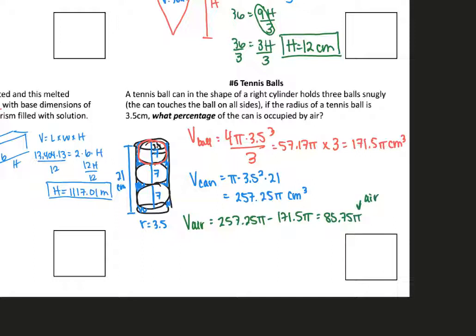And to figure out the percentage of the can occupied by air, we're going to take the total amount of air, which is 85.75, divided by the total volume of the can, 257.25. Well, we know the pi's are just going to cancel out. So really it's just a matter of doing 85.75 divided by 257.25. And when you do that, you get exactly 0.33333, which is about 33%. So the percentage of the can occupied by air is 33%.